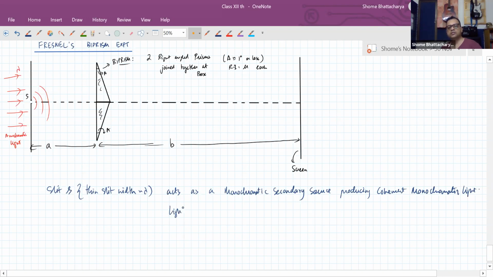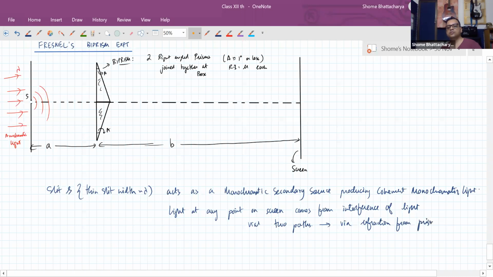Now, the light at any point on the screen comes from interference of light via two paths, via refraction from prism 1 and refraction from prism 2. So that is what creates the interference effect.